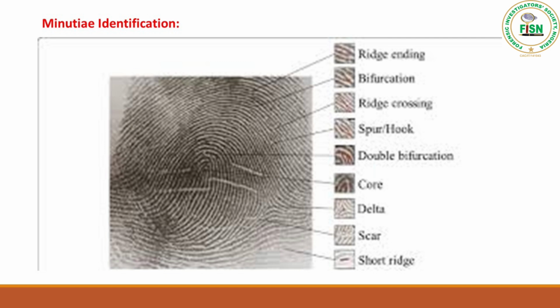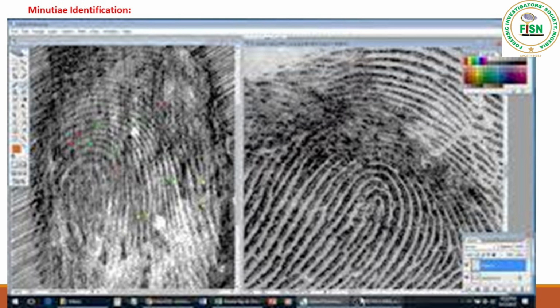If you have core, delta, scar, or short ridges, these are features that you must be able to identify. We identify them and mark them on the disputed and on the standard before we go ahead and do our examination, our matching.